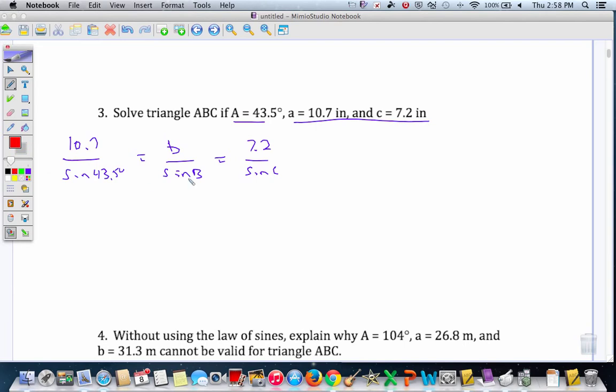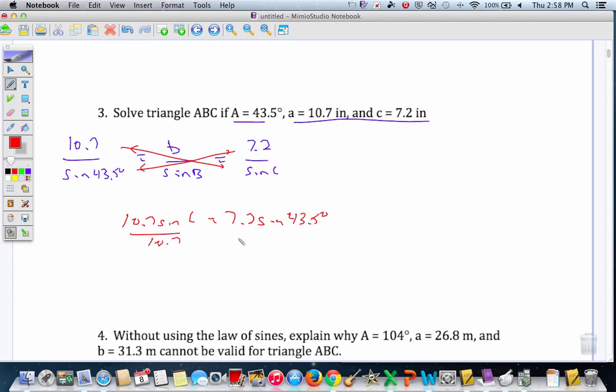Once again, noting we have two sides and one angle. Anytime we have that, we have the possibility of the ambiguous case. We'll start out cross multiplying. The only thing I can solve for right now is C. 10.7 times the sine of C equals 7.2 times the sine of 43.5.